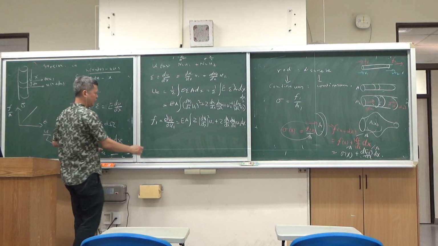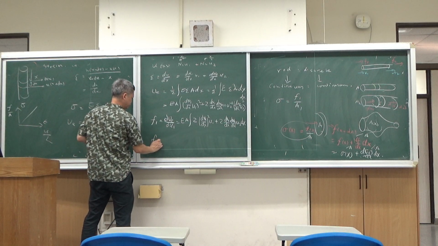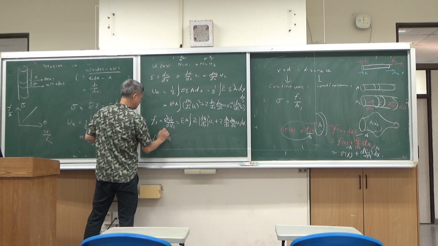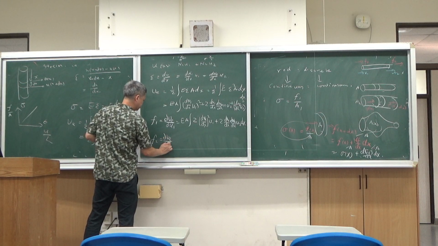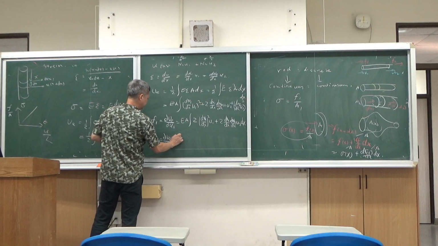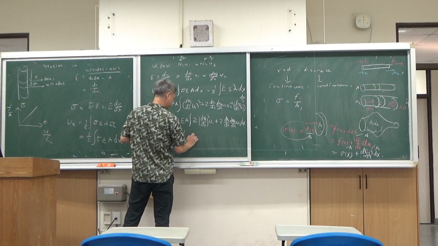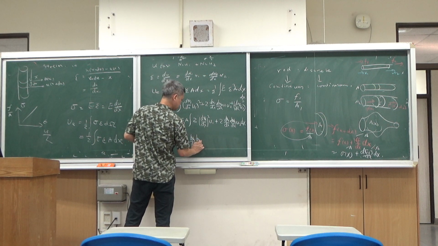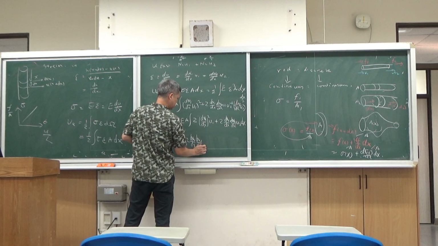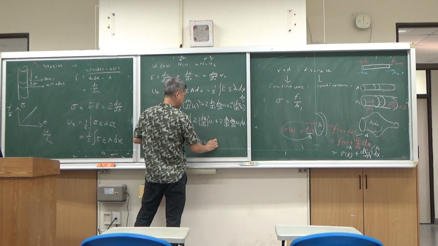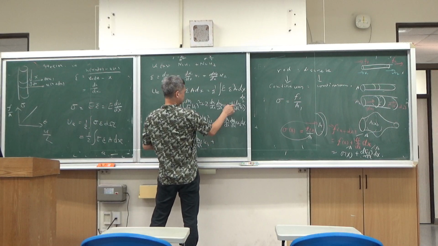And how about force 2? Force 2 is the partial differentiation of the strain energy with respect to u2. And this is EA. And then now, 2 times shape function gradient 1 and shape function gradient 2 times u1 plus, what's next?